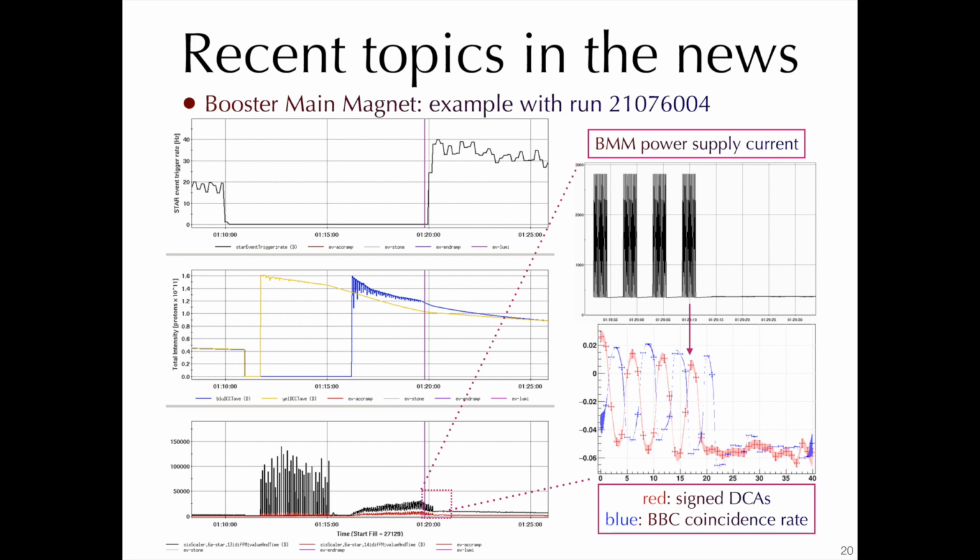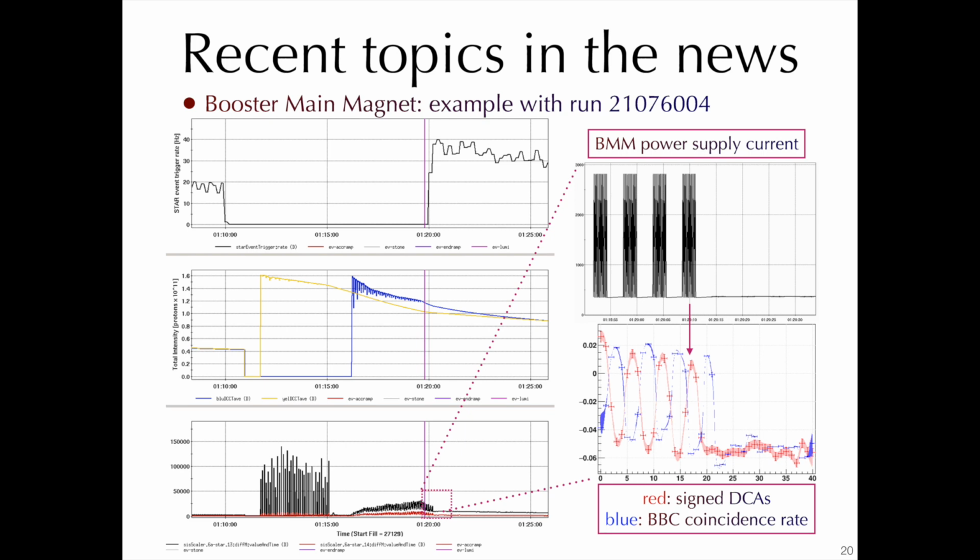So the plots on the right are a zoom in of this, with the booster main magnet currents on the top. I tried to align these in time, and you can see this is just a plot over 40 seconds at the beginning of the run. And in the red on the bottom plot is a metric of the distortions in the TPC. And you can see that those distortions are perfectly well aligned with the operation of the booster main magnet.